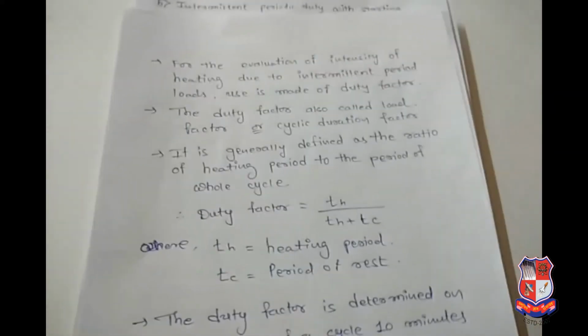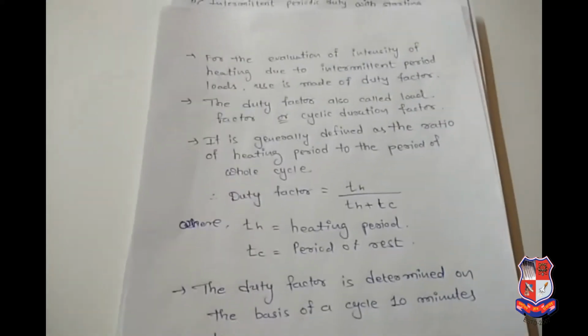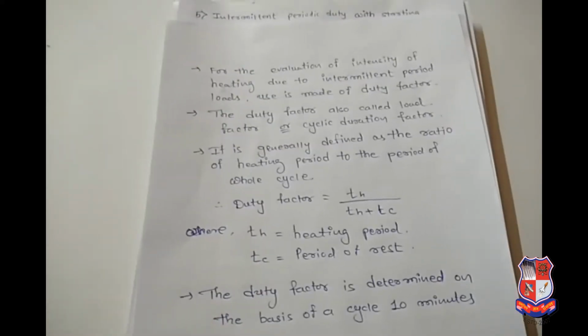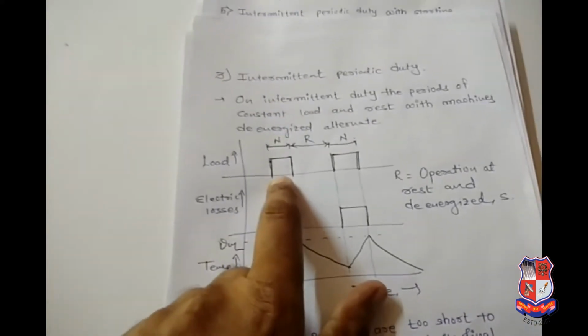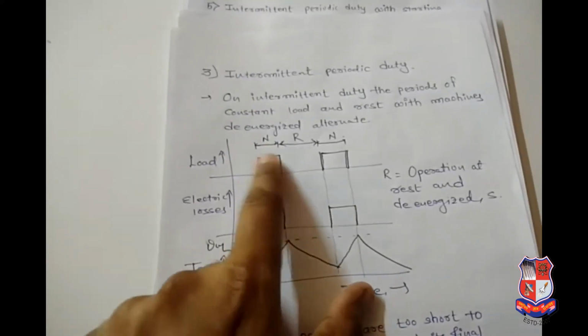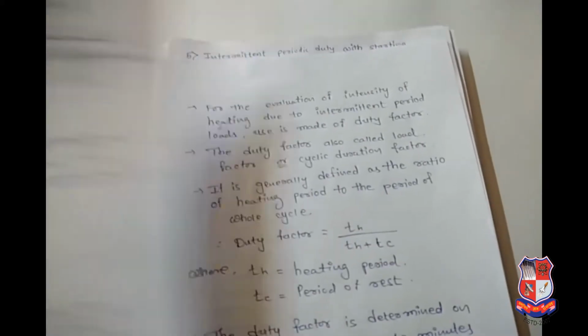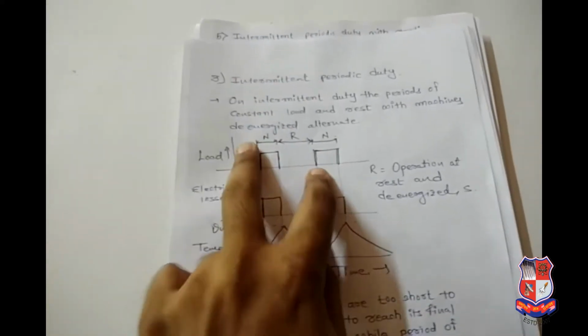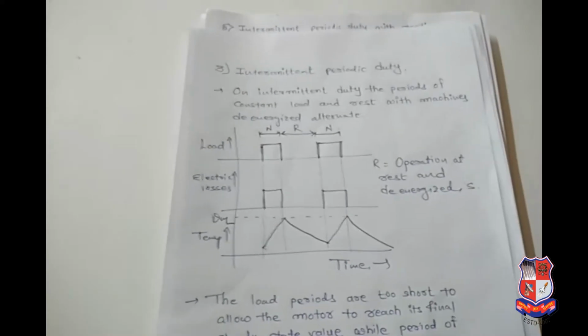Now in this type of duty we define a duty factor. The duty factor is generally known as the ratio of the heating period to the period of the whole cycle. Here the heating period is the operation under rated condition, and N plus R is known as the whole cycle.